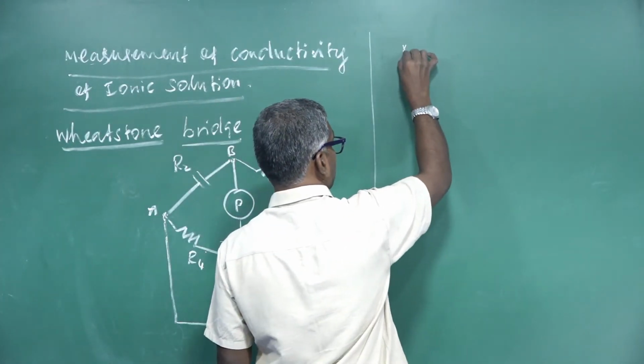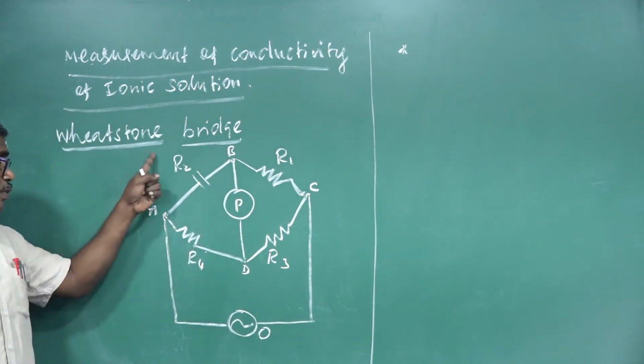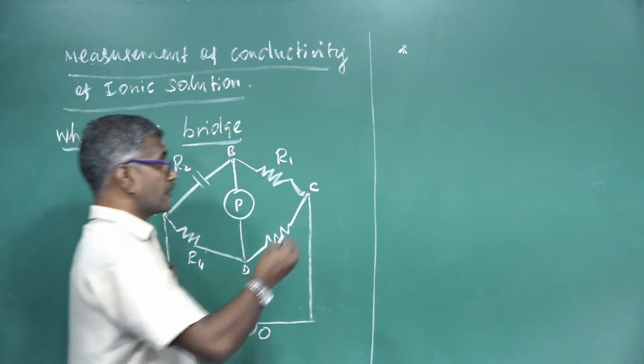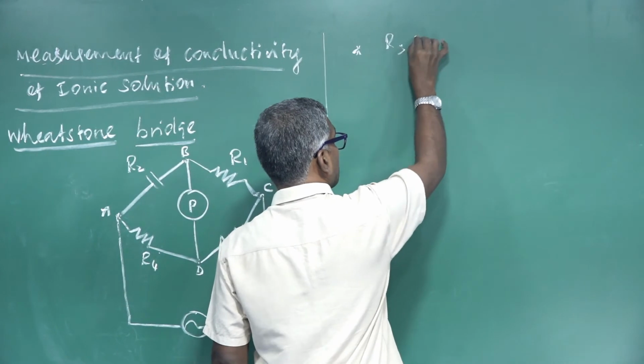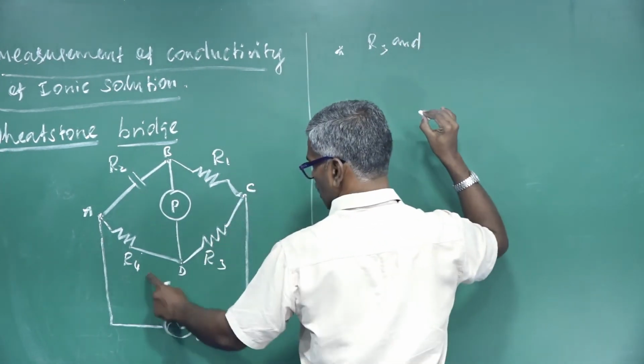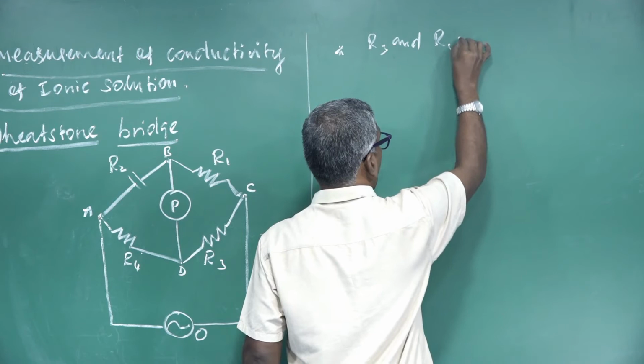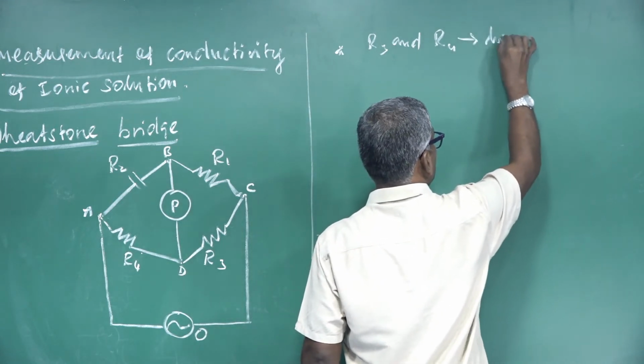Here the Wheatstone bridge consists of R3 and R4, which are two resistances.